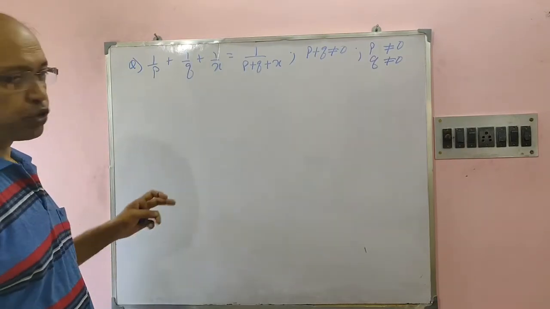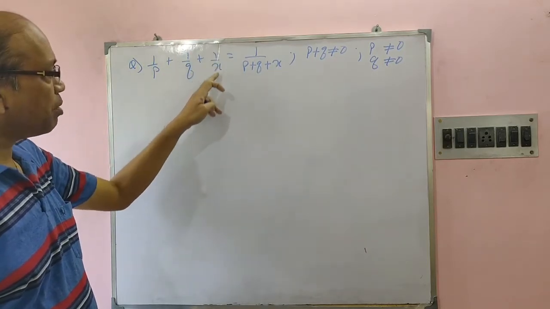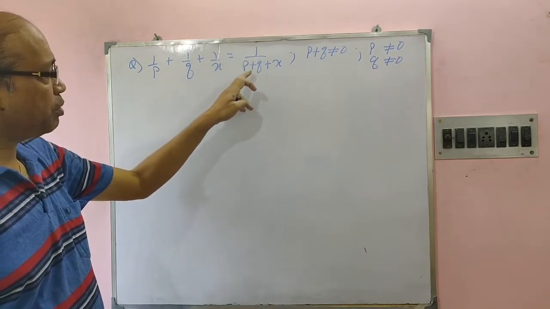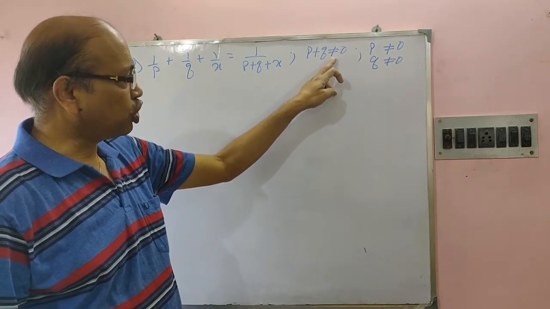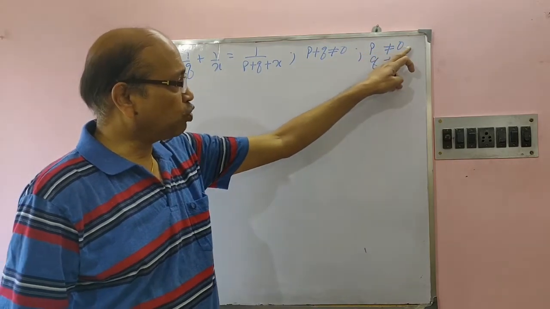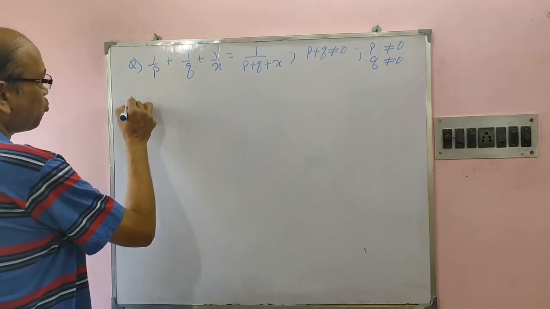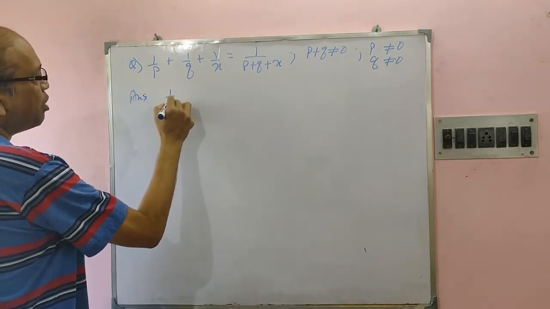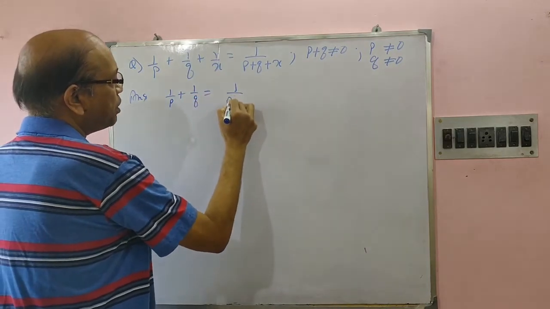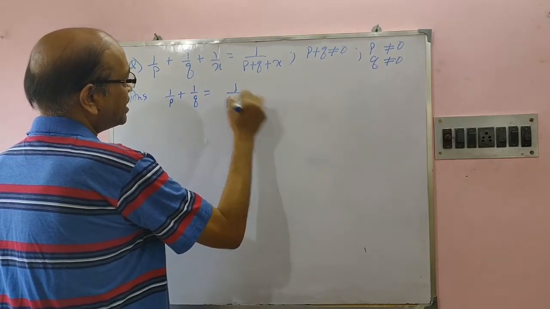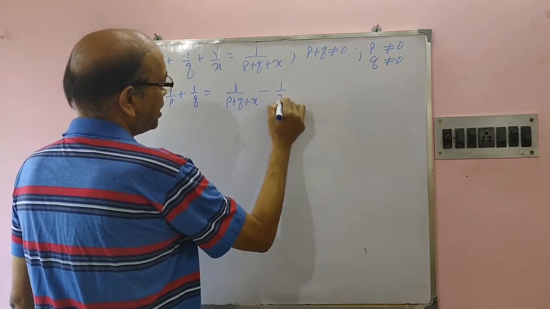The next question: 1 by p plus 1 by q plus 1 by x equals 1 by p plus q plus x, and it is said that p plus q is not equal to 0, p is not equal to 0 and q is not equal to 0. So let's start. 1 by p plus 1 by q is equal to 1 by p plus q plus x, and this x, the variable here, I bring it to the other side, 1 by x.